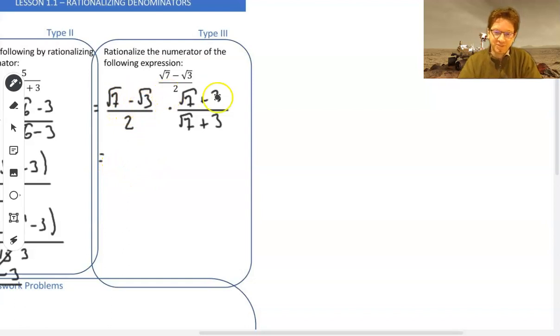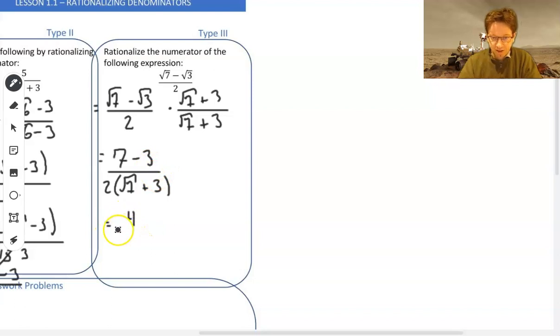All right, so now our difference of squares is in the numerator, so we're going to get 7 minus 3. And in the denominator is where we have this 2 times root 7 plus 3. So in the numerator we get 4 over 2 all times root 7 plus 3.